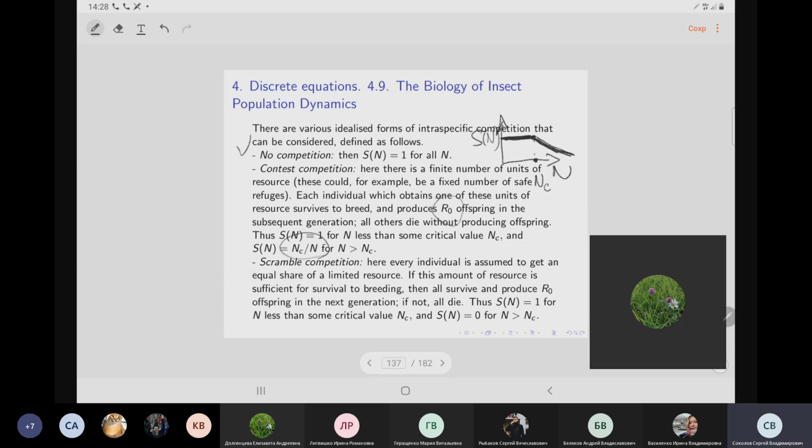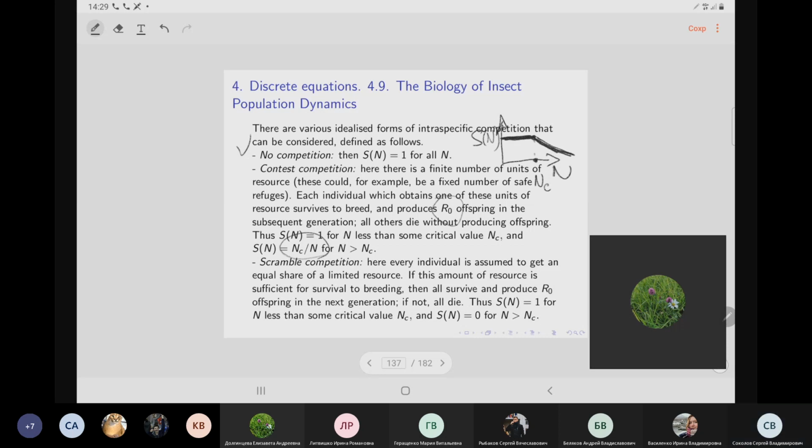So far, the production: if the population is less than n critical, then it is R0 multiplied by n, and then it is n critical multiplied by R0.